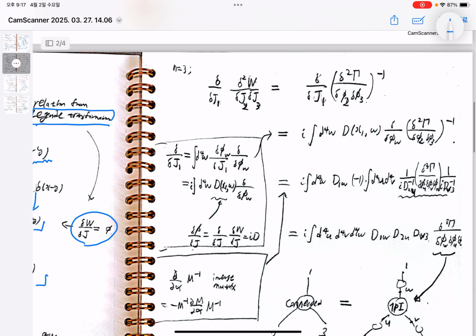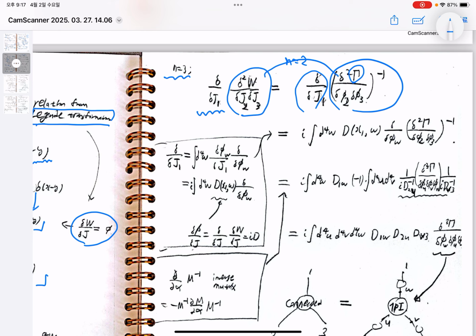And if we go to the n equals 3 case for the effective action, we already know that there is an inverse relation for n equals 2. If we ask for an additional differentiation about J1, we again use the Legendre transformation property.